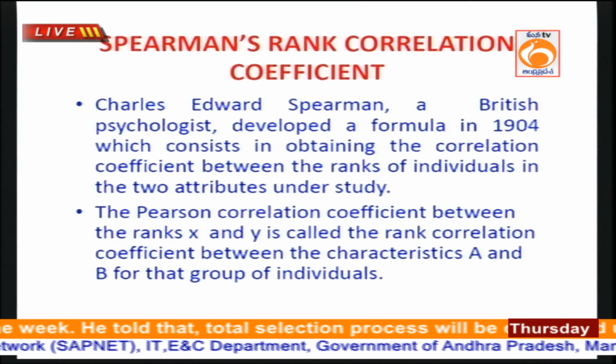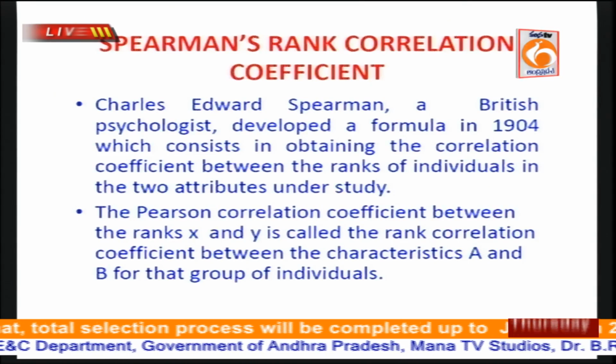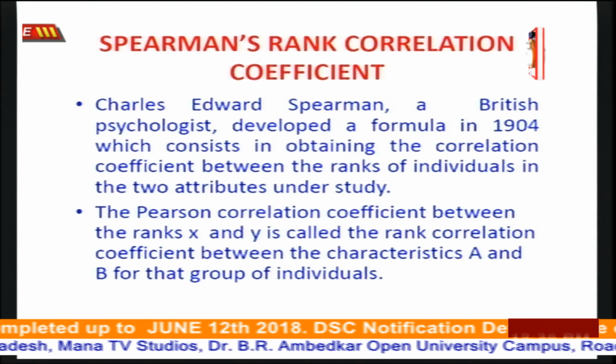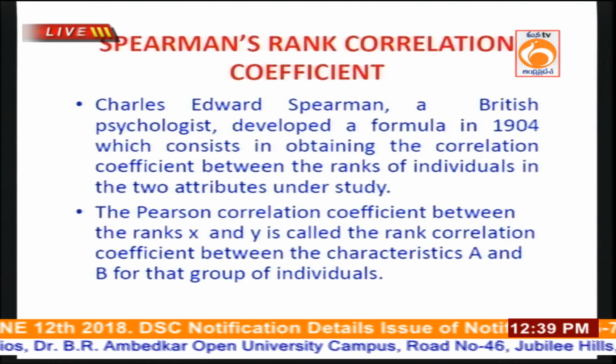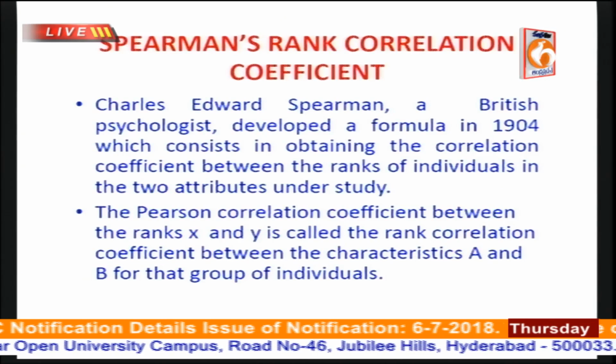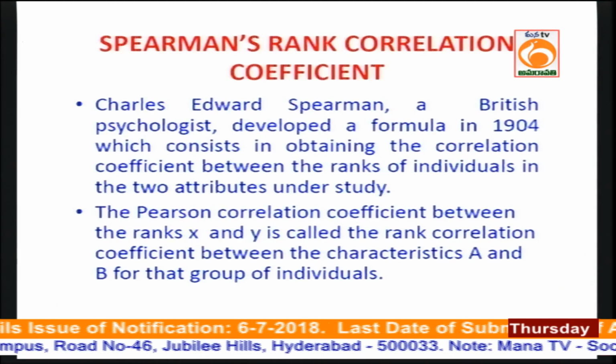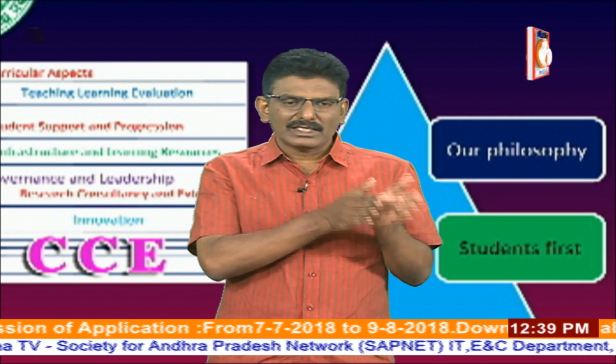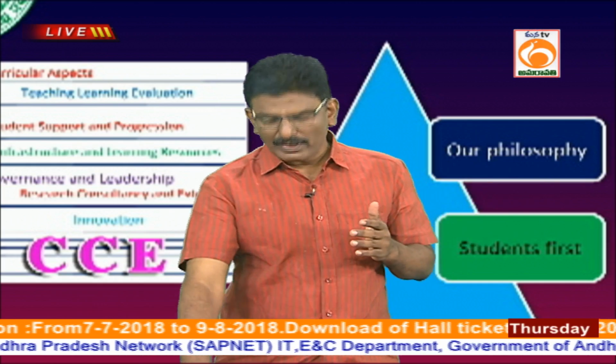The Pearson correlation coefficient between ranks x and y is called the rank correlation coefficient between characteristics A and B for that group of individuals. Suppose raw quantitative data is there, by assigning ranks we apply Spearman's. Without assigning the ranks, go directly to the Carl Pearson method.